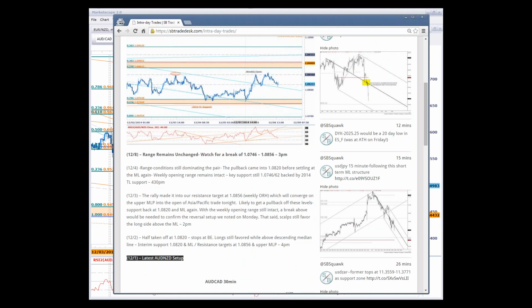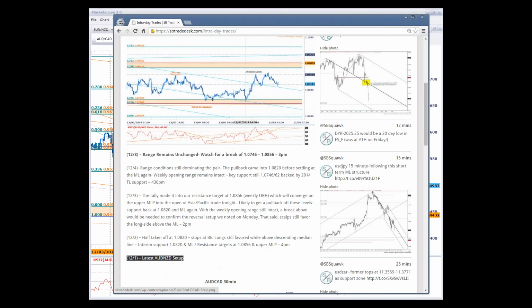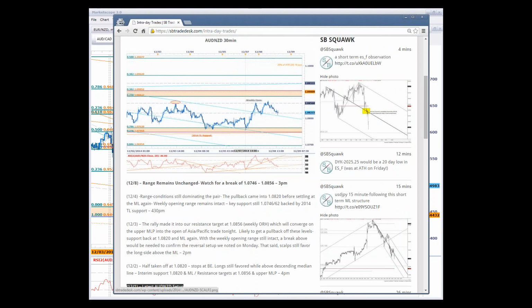So just like we were looking at the Aussie CAD opening up the week here at a key support structure, for the Aussie Kiwi it's even more paramount because now the monthly opening range is the same as last week's and this week's range. So you're essentially looking at 108.56 into the 107.50 level. We're waiting for a break of this range to give us the conviction and bias. Our suspicion, or the report written last week, was for an upside bias above 107.60, 107.50.